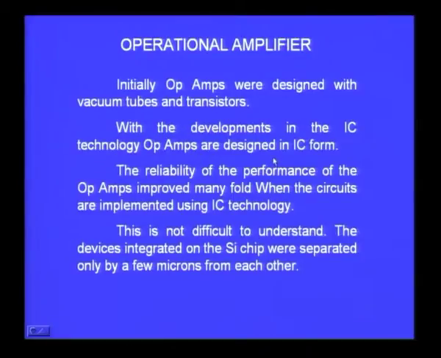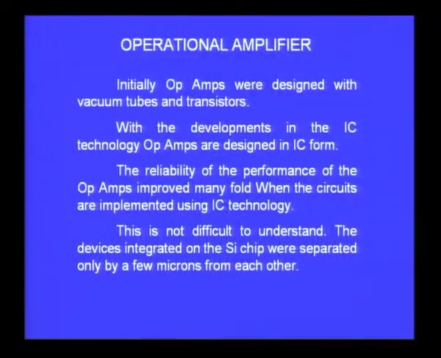They are very, very small in size. There are several advantages. They operate at very low voltages and very low power levels, whereas vacuum tubes sometimes have to be operated at very high voltages like 100, 200 volts, and in the case of transistors I should apply 20, 30 volts. In the case of op amps, you can have even 1 volt, 2 volts; operational amplifiers can operate on very low voltages and very low power levels.